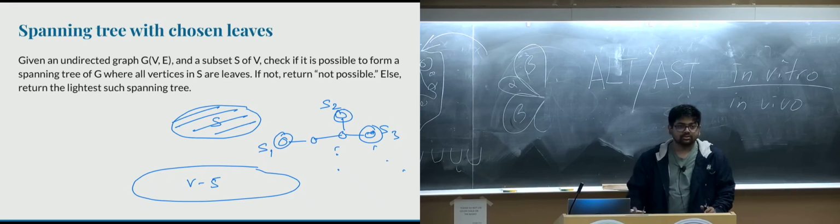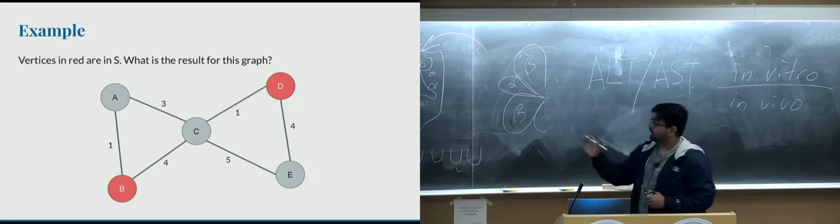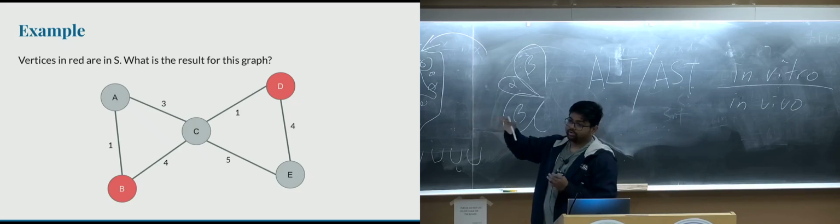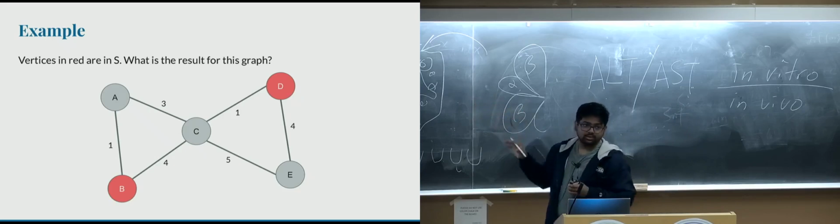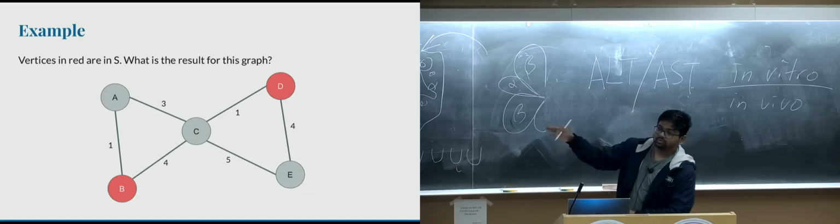Any questions? Okay. Let's see some examples before we move forward, so you get a little more clarity on what we are exactly looking for. In this example, B and D are the subset, the vertices that you want as leaves in the spanning tree. Can you make an MST out of this such that it satisfies all the properties?